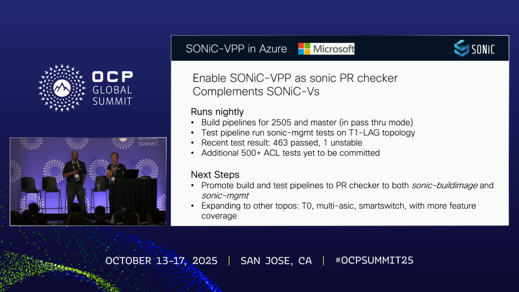In the most recent test result, we got 400 plus tests passed, but there's one failure that appeared recently. There's a memory utilization failure in SWSS. We need to continue to investigate the root cause.